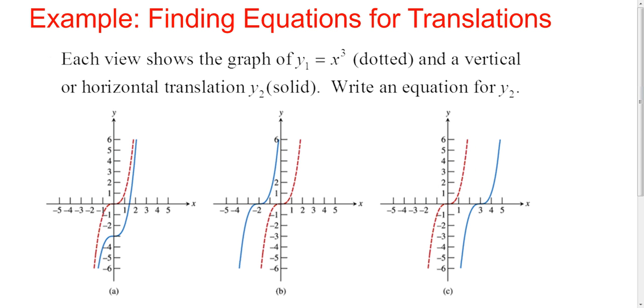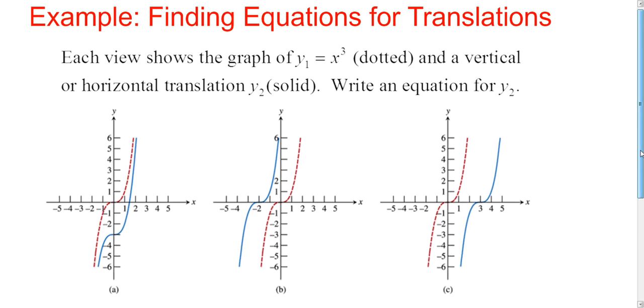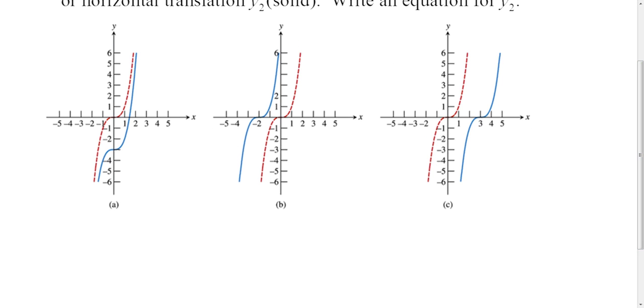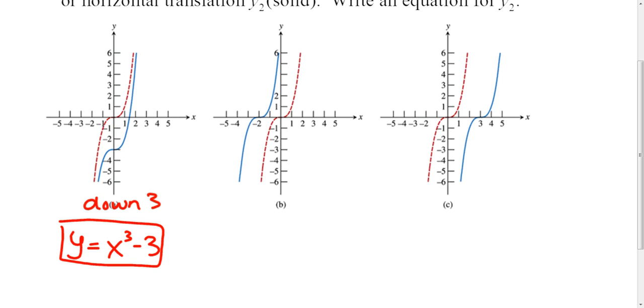Okay, and here's a few more. We started with the x cubed function, which is the red dotted line. Hopefully you can see that this one moved the x cubed function down 3, so that would change the equation to x cubed minus 3. This one moved the x cubed function left 2, so that would change the equation to x plus 2, cubed.